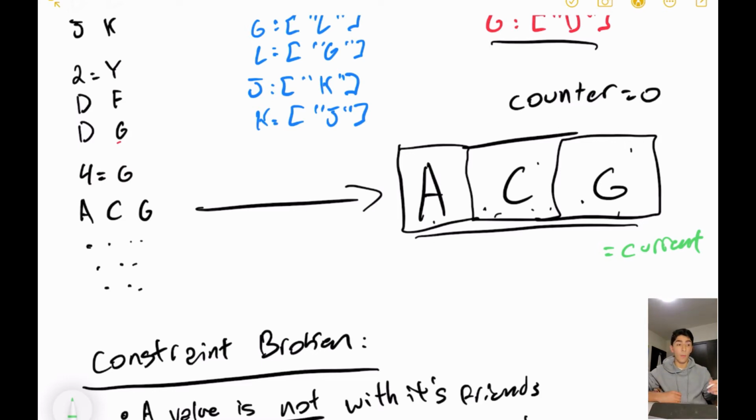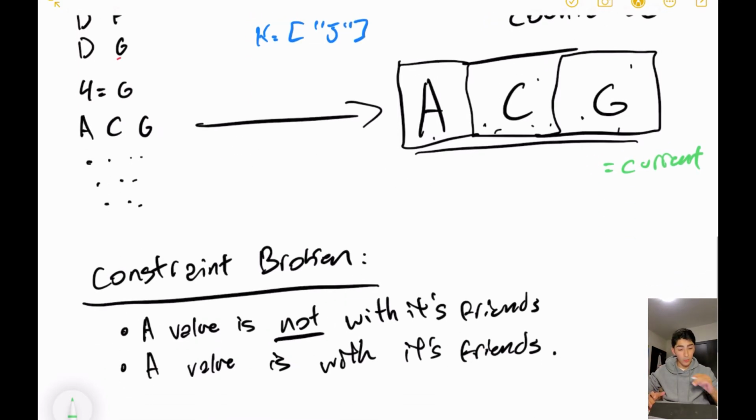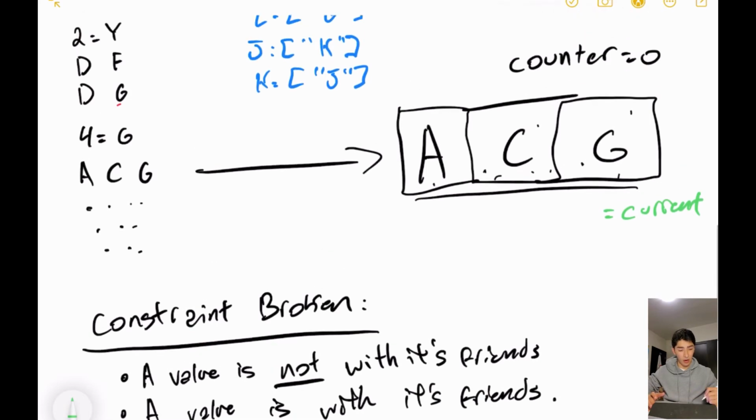We can also use the function dot contains. Dot contains tells us if we have a random value in the array list. We can use dot add, dot remove. The functions are endless and they can really help us out right now. So we're gonna put this in an array list, and we're gonna call the array list current.